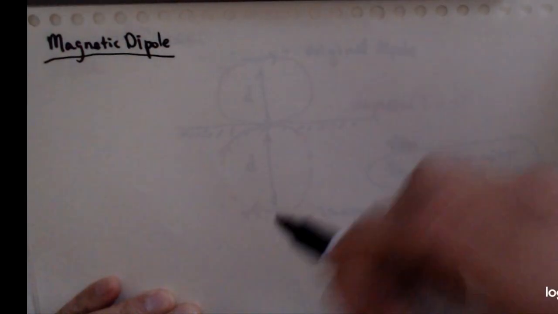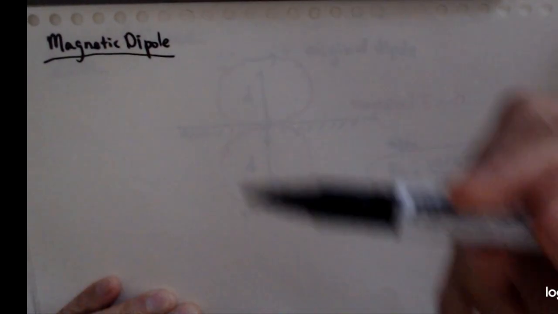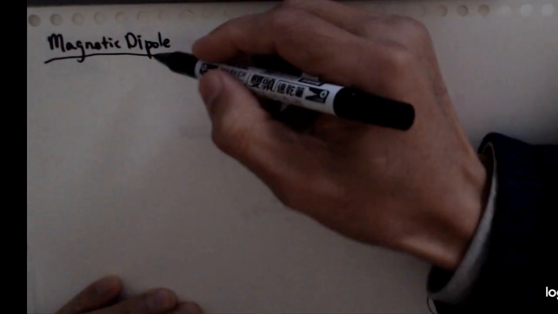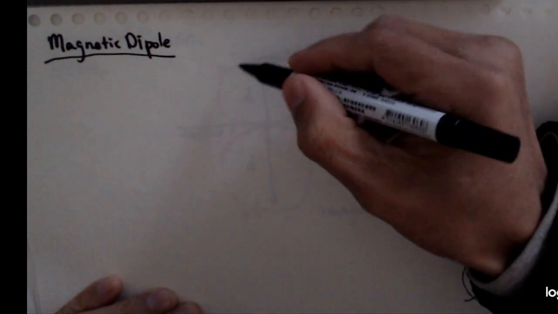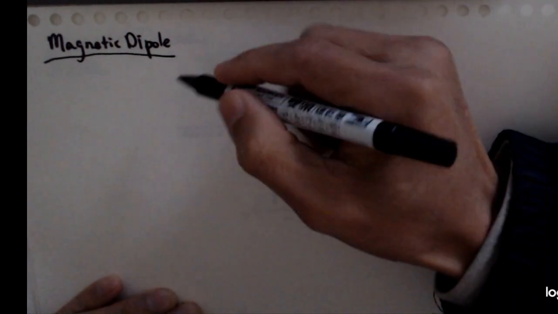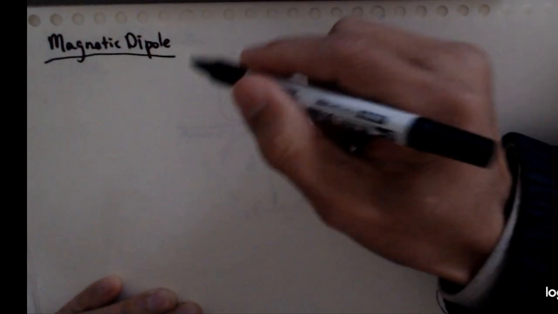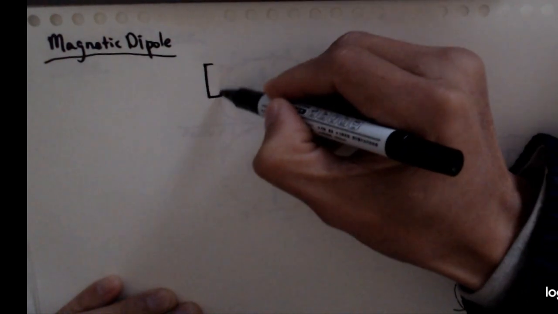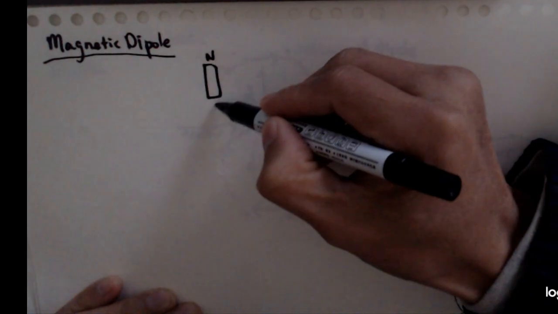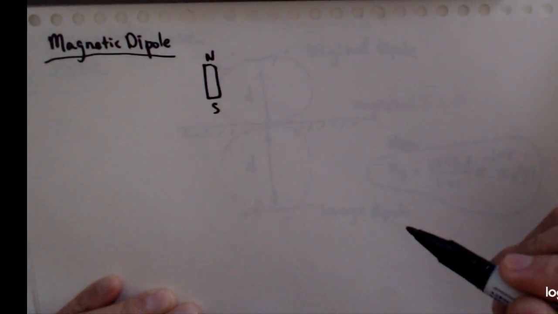So what is magnetic dipole? Magnetic dipole is the dipole of magnetic poles. One of the examples is the magnet with north and south. So this is one of the examples of magnetic dipole.